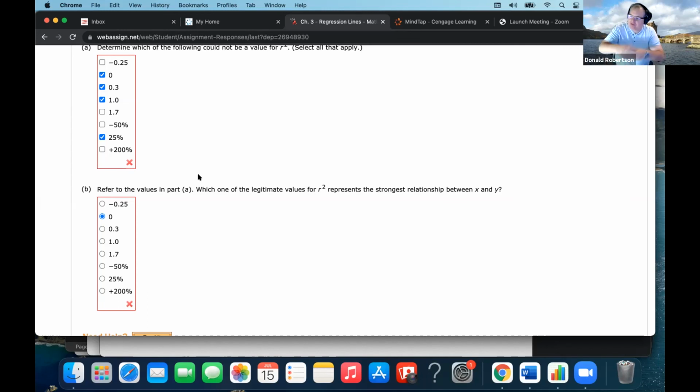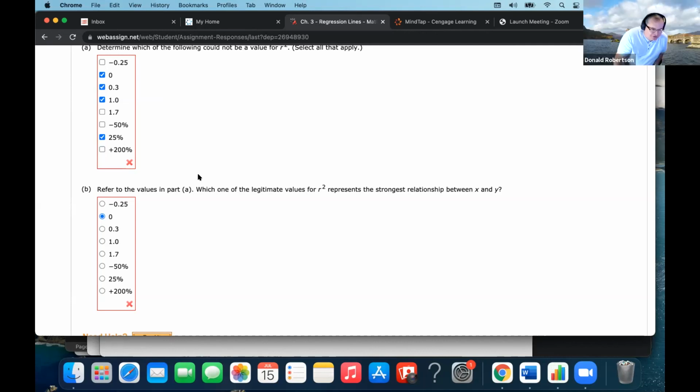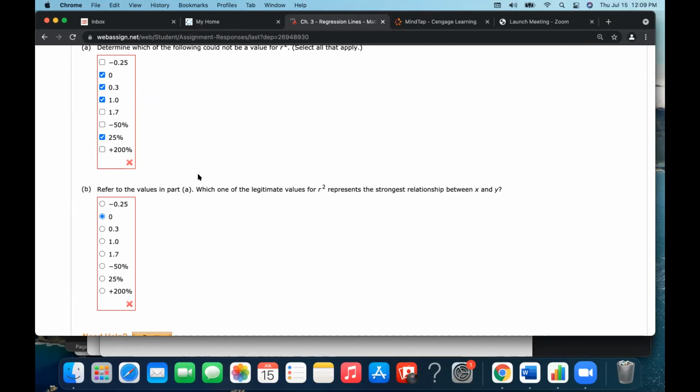A big circle of dots would probably be like a 0. A perfect straight line gives 1 or -1, but because it's R squared, it will be +1. Correct. And that's the one you should have chosen.